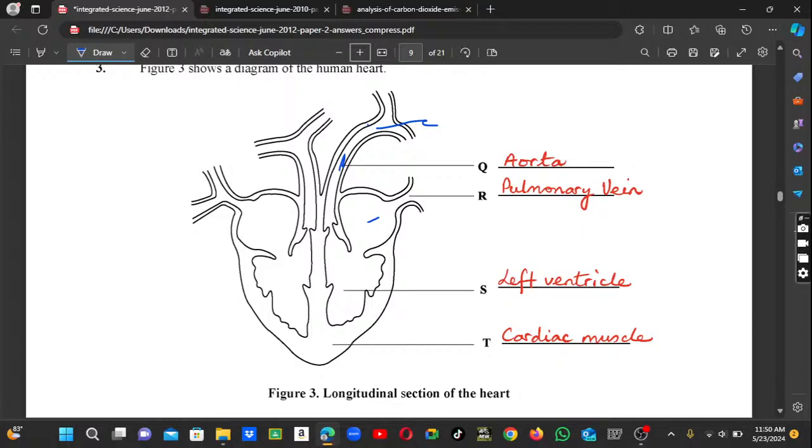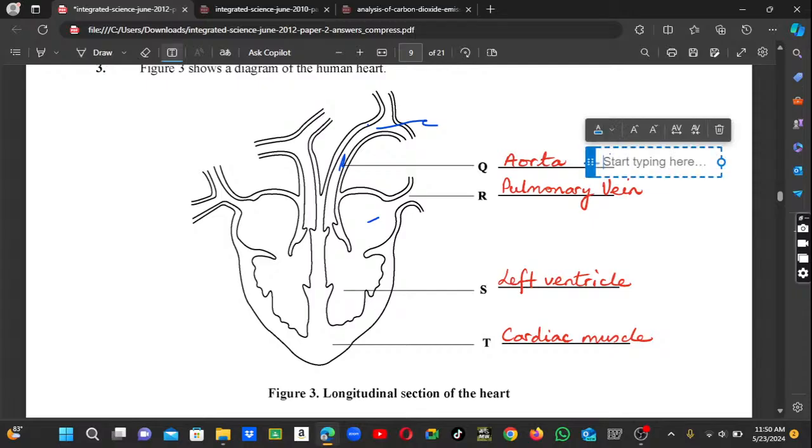First thing first, guys, the function of the aorta. Let me see if I could write it here, even though my keyboard is not working so good. Sorry.